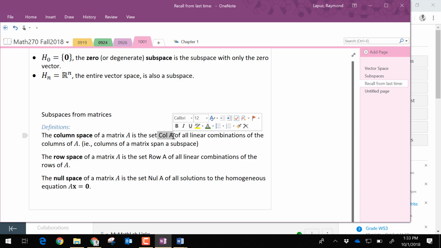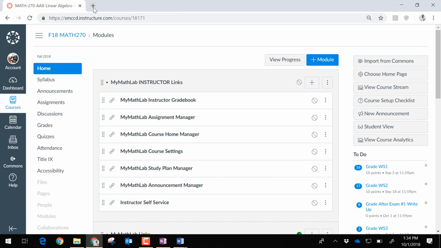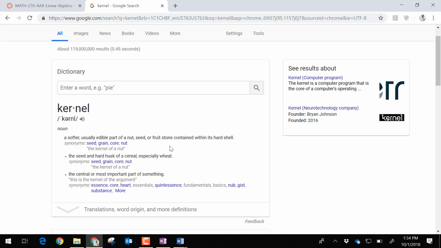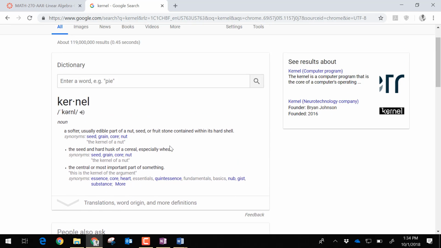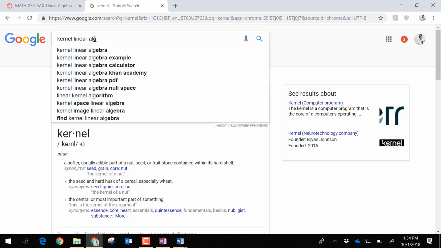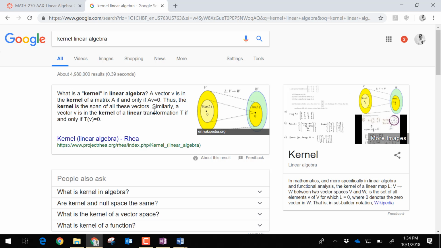That's just another definition that they use. Oh, I thought you said kernel. So kernel in linear algebra, kernel, not colonel.